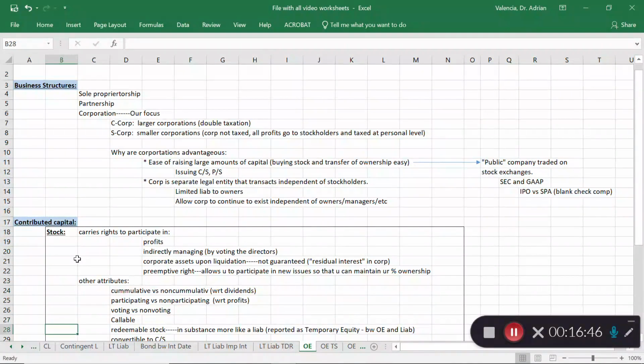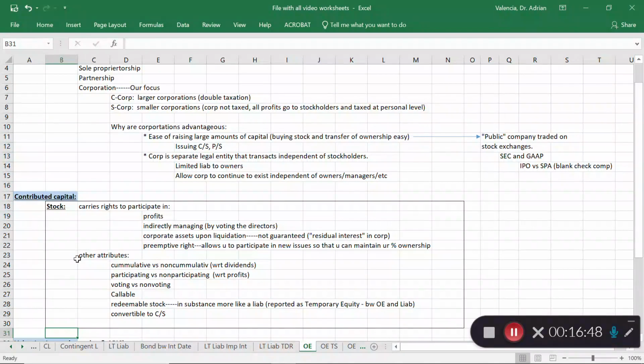Okay, some other attributes of contributed capital. And some of these other attributes that I'm going to describe here refer to attributes related to preferred stock. So for example, this cumulative versus non-cumulative. This is with respect to dividends. Usually preferred stock has a stated amount of dividend that it says will be paid out.